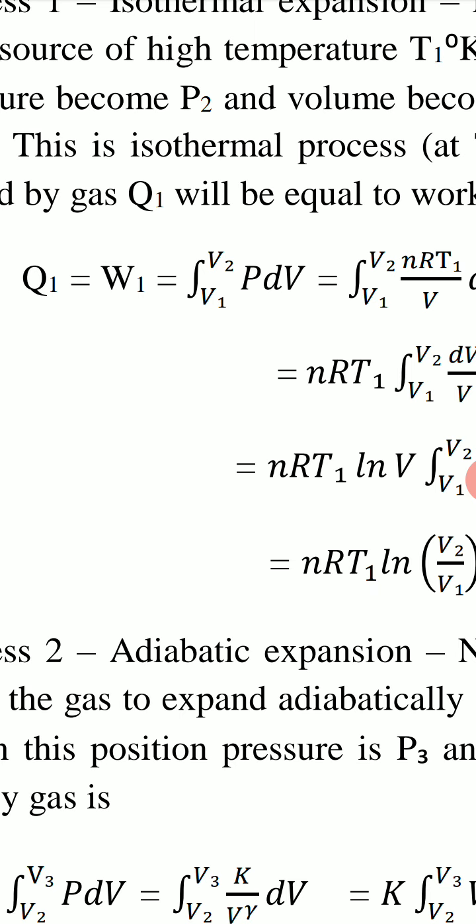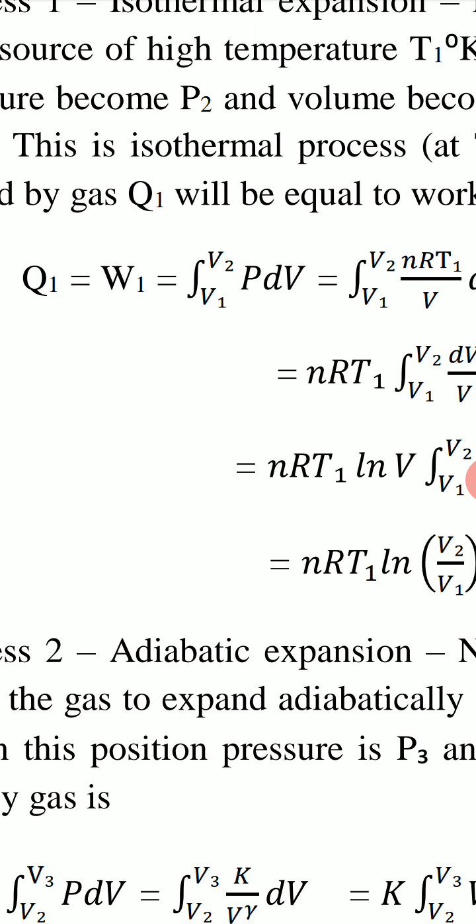So work done W becomes integral PdV. This work done we represent W1 for first process. So for first process, that is isothermal expansion, work done W1 equal to integral PdV, and limits of integral are from V1 to V2.